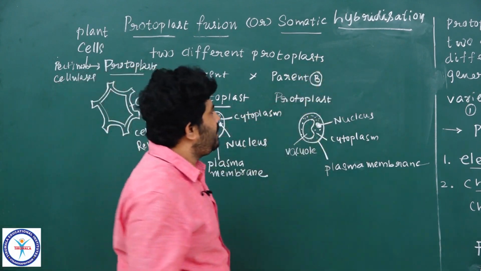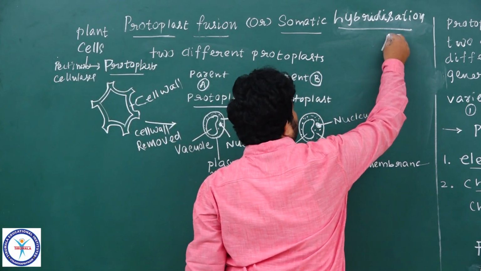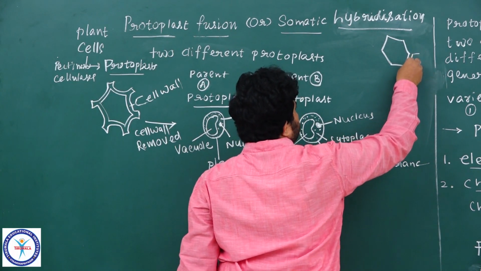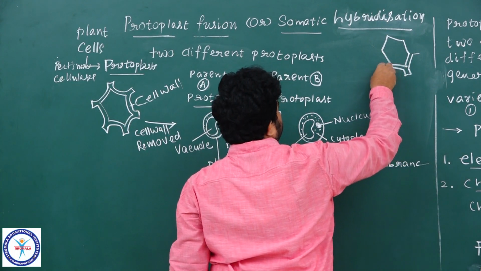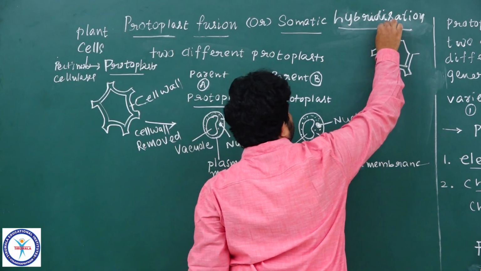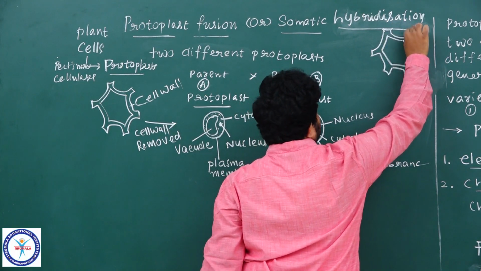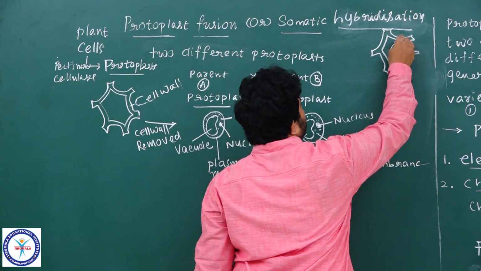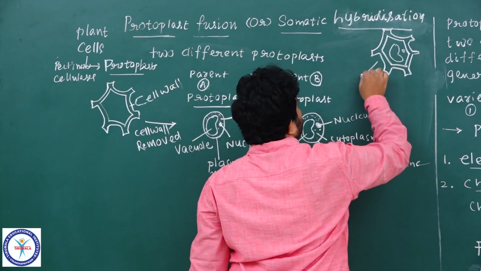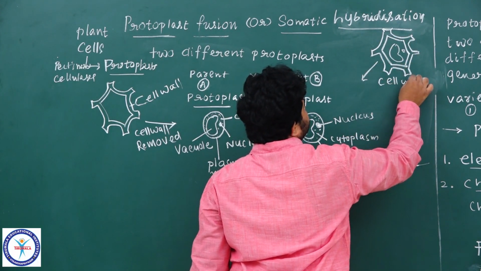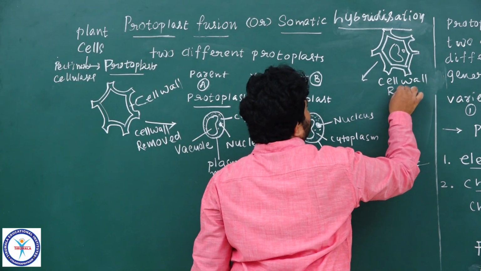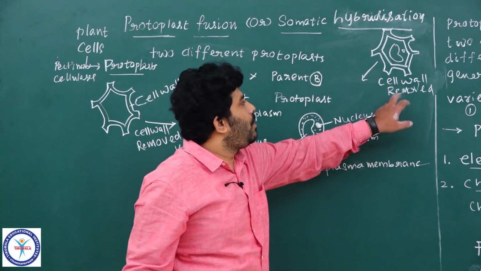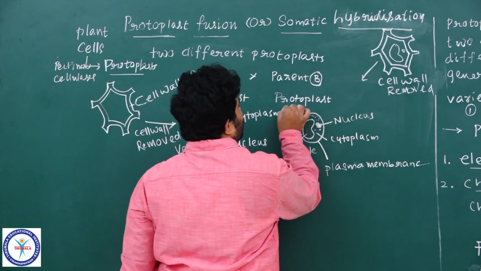Like that, we are collecting from another plant cell also, from the other parent. It is the normal plant cell of parent B. Here also the cell wall is removed. The plant cells with the cell wall removed are taken as protoplasts.